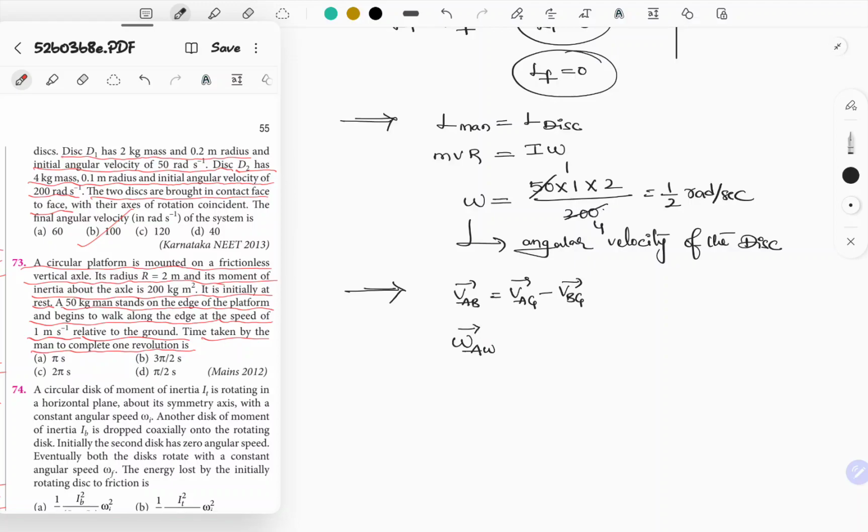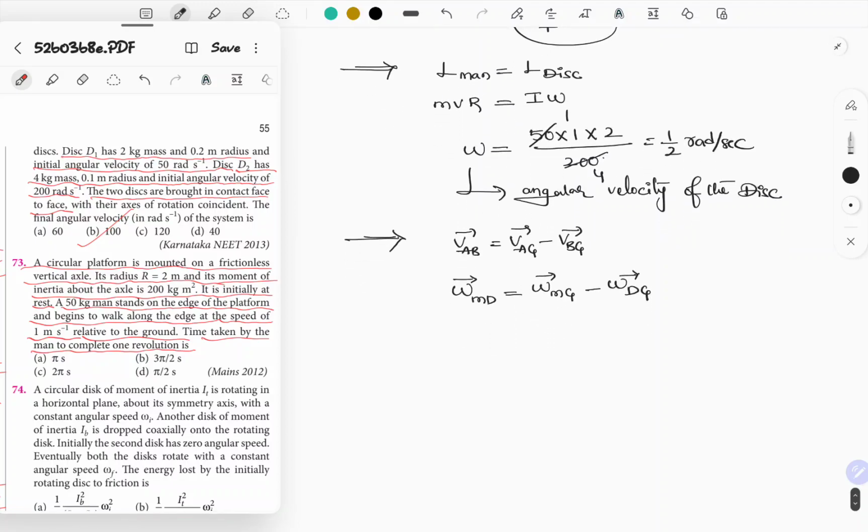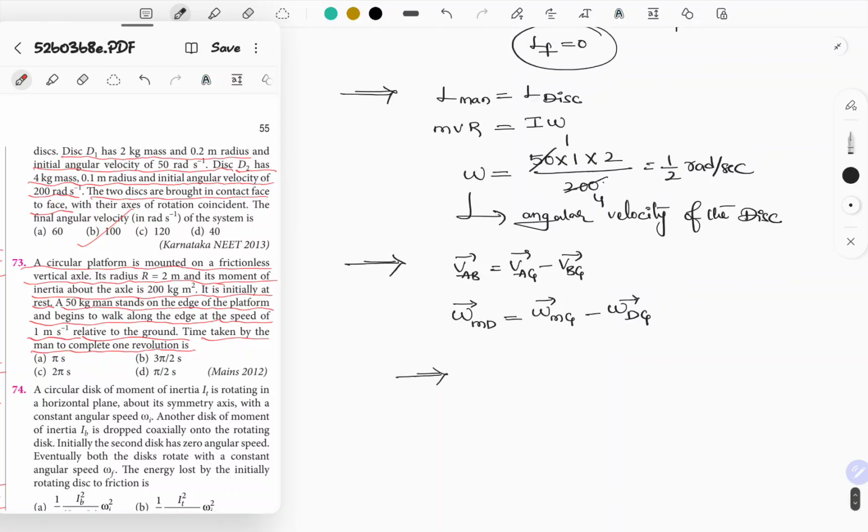Angular velocity of man with respect to disk is equal to angular velocity of man with respect to ground minus angular velocity of disk with respect to ground. I need to find the angular velocity of the man with respect to disk. What's the angular velocity of the man with respect to disk?